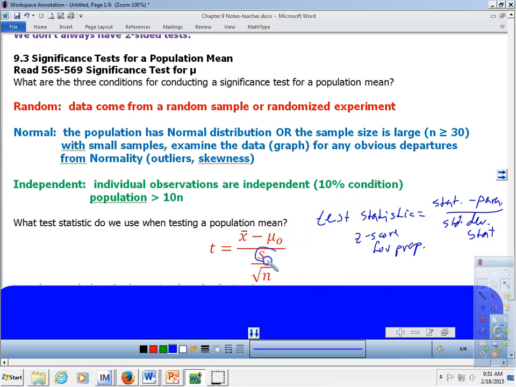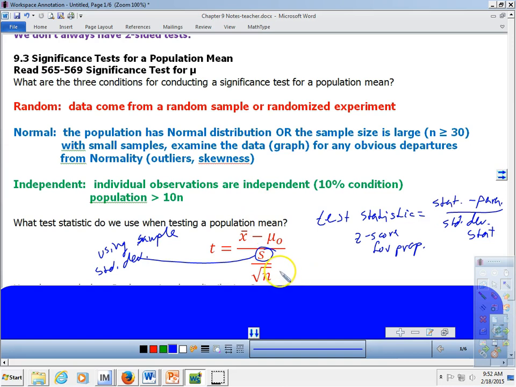And the reason why is because of that guy right there, right? When we're using the sample standard deviation to standardize all of our sample means down, then it shifts that shape a little bit, okay?